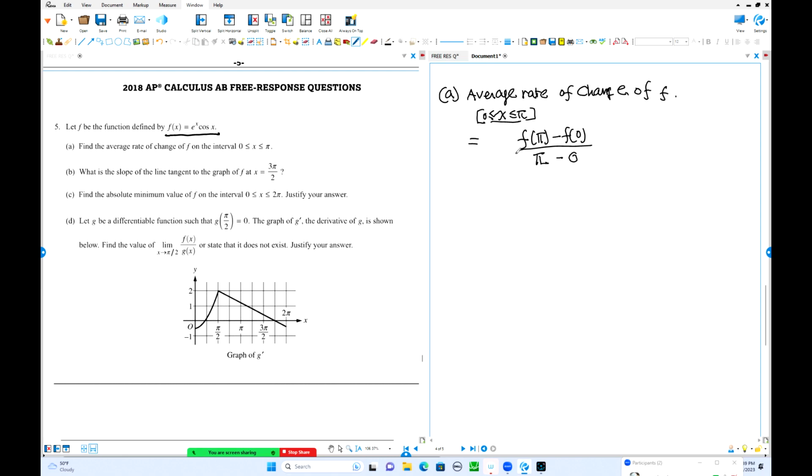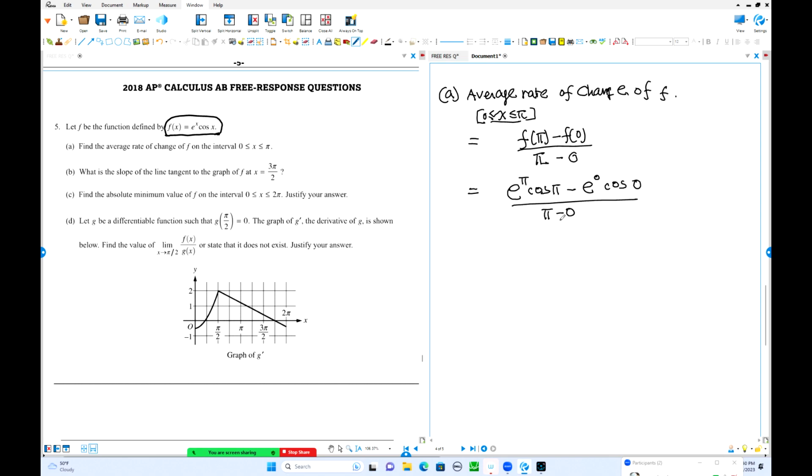Put this number pi there. In f of x, put x equals pi: e to the pi cosine pi, minus, put the number 0, e to the 0 cosine 0, over pi minus 0.